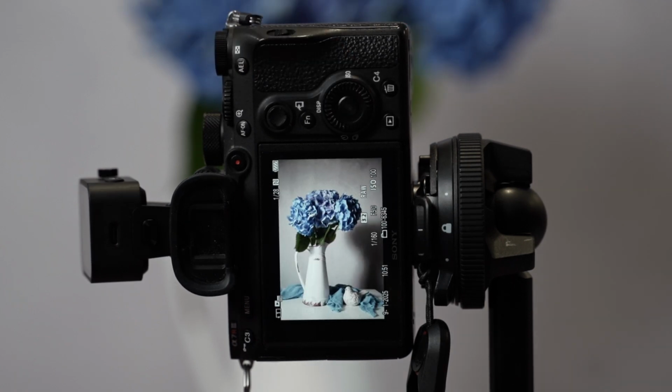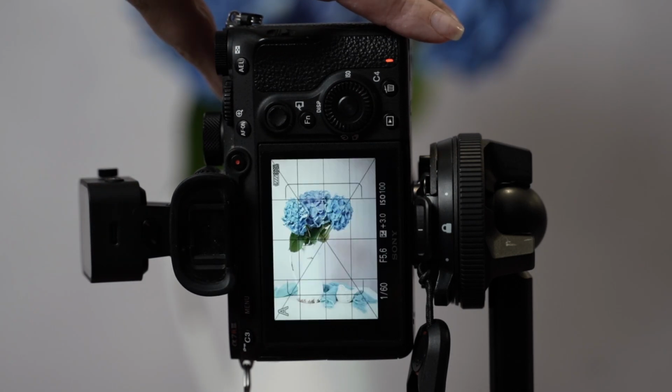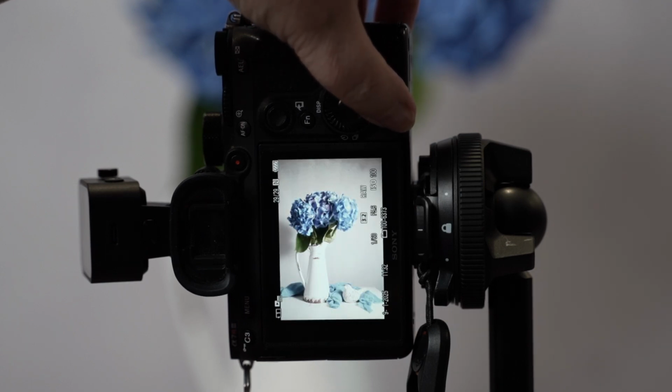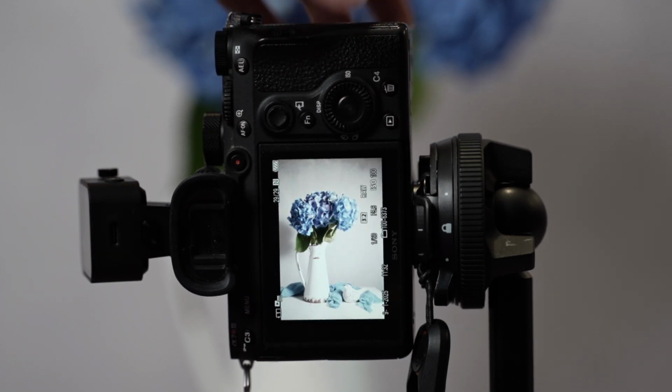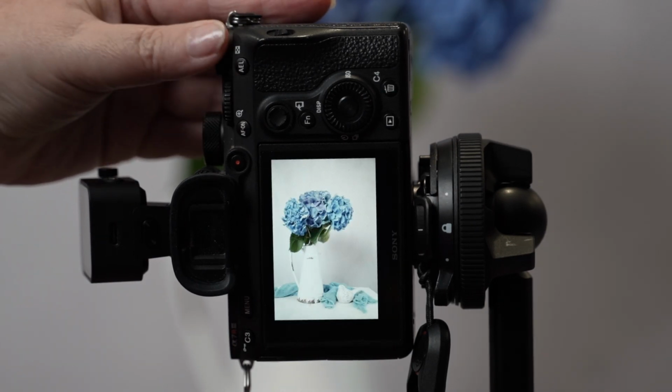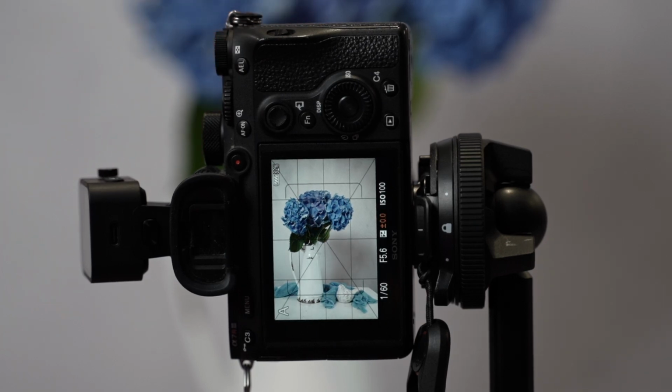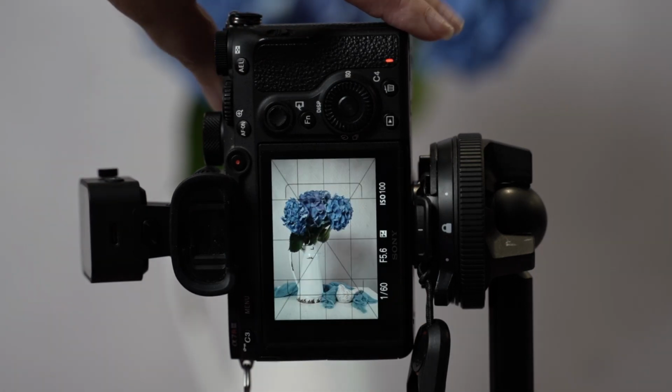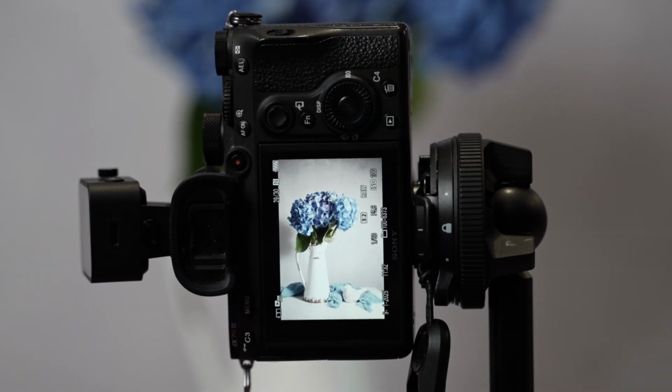You can either play around with the exposure compensation, or you can play around with the TTL. I've actually got the TTL on +3, and I've got the exposure compensation on +3, and my shot is probably not very well balanced. So I would choose one over the other. That's the TTL with the off-camera flash.